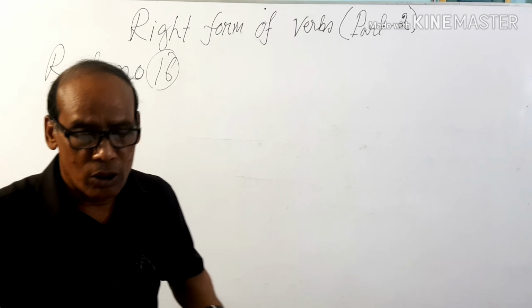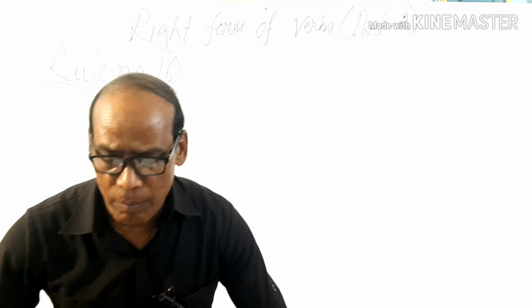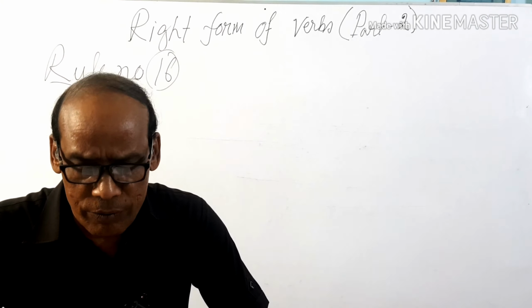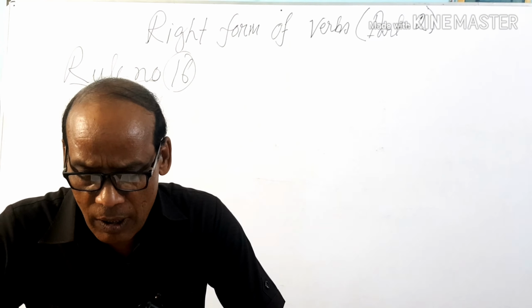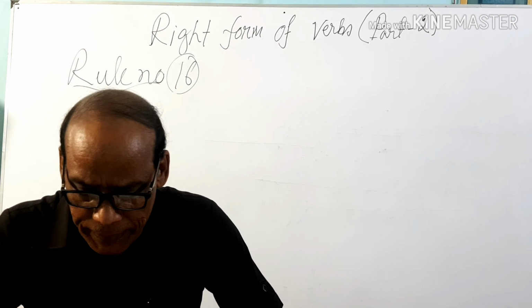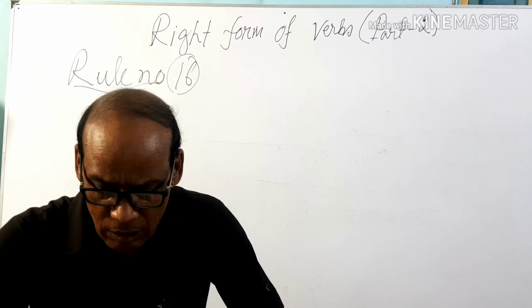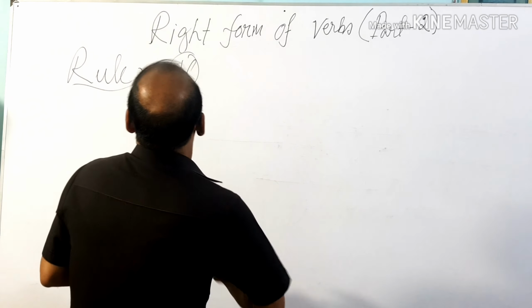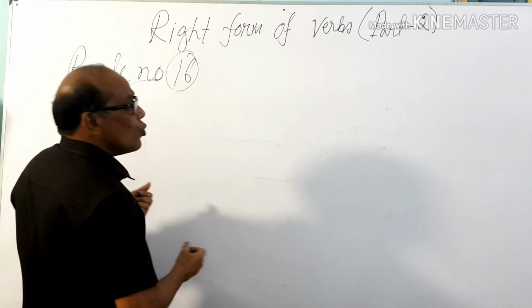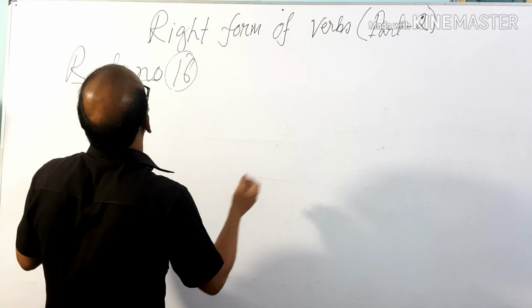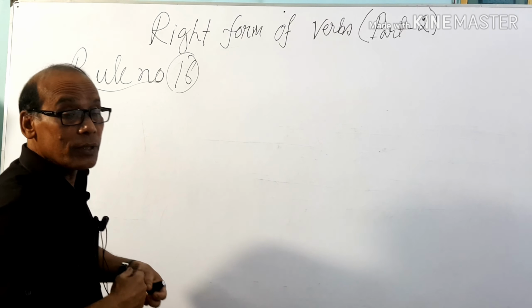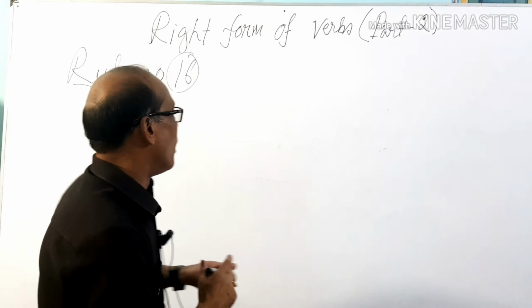And as we are continuing part 2 of rules of right form of verb, this is very much known rules to you. These are very much known rules to you, but I'm just reminding of them.